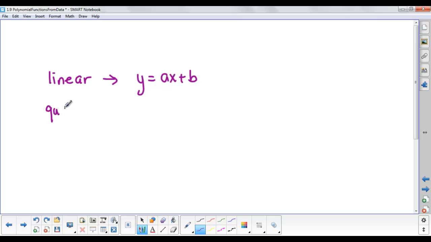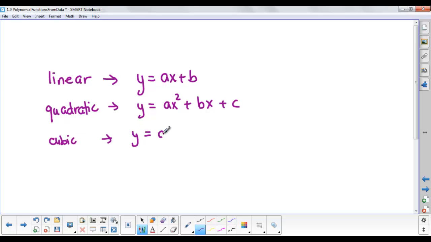A quadratic, so we'll start off with coefficient x squared, and then some other coefficient with x, and then a constant. And I'm sure now you can kind of see the pattern. So we start with x cubes, then we'll move to x squareds, then x's, and then a constant.